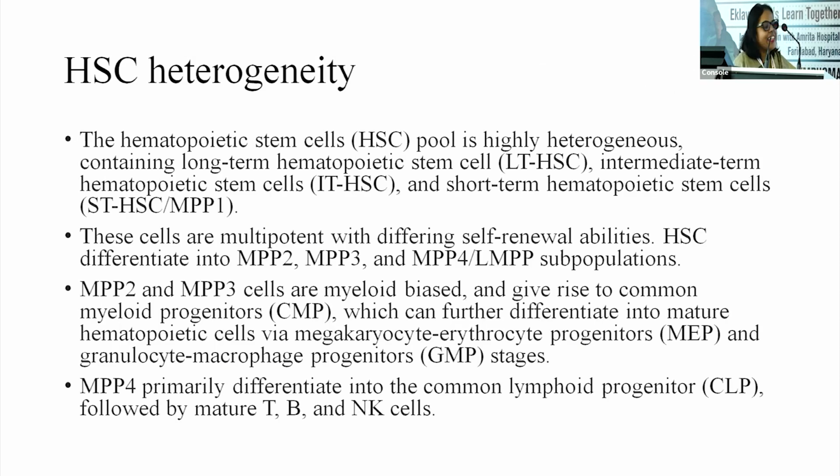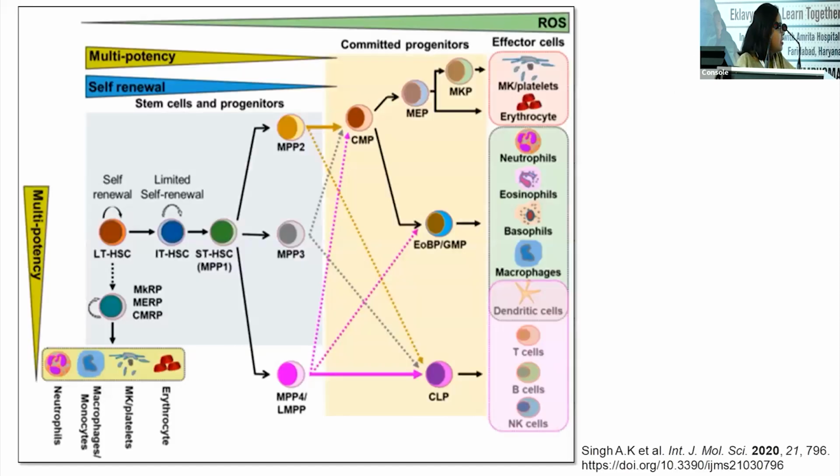Next, a few words about hematopoietic stem cell heterogeneity. This pool is also heterogeneous. Hematopoietic stem cells further differentiate into long-term, intermediate-term, and short-term hematopoietic stem cells. Long-term hematopoietic stem cells remain quiescent in our bone marrow for 4 to 5 months, and this further differentiates into the cells of megakaryocytic, myeloid, and granulocytic lineages.